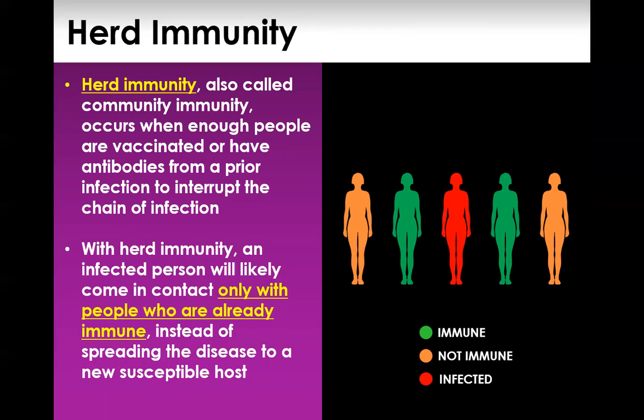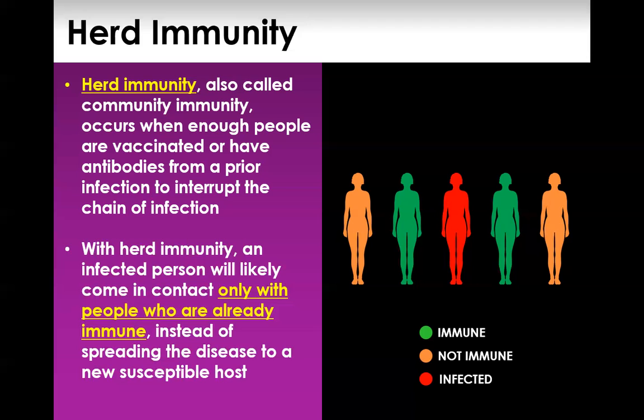Okay, we're almost at the end. Let's talk about herd immunity. You may have heard this; Dr. Fauci has been talking about it during our national discussions about coronavirus. Herd immunity is community immunity. When enough people are vaccinated, this is better for the population as a whole, because the likelihood of the pathogen spreading is reduced, as there is an increased number of people that are protected.